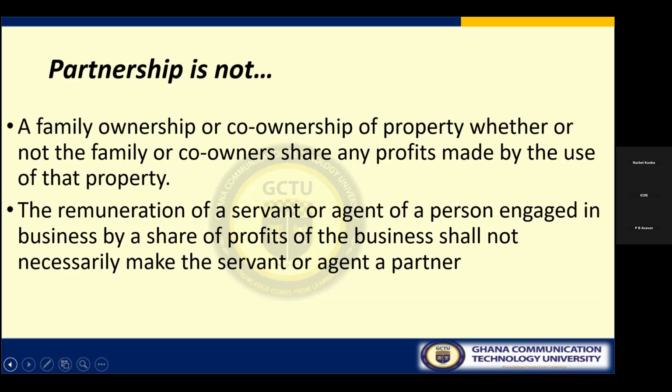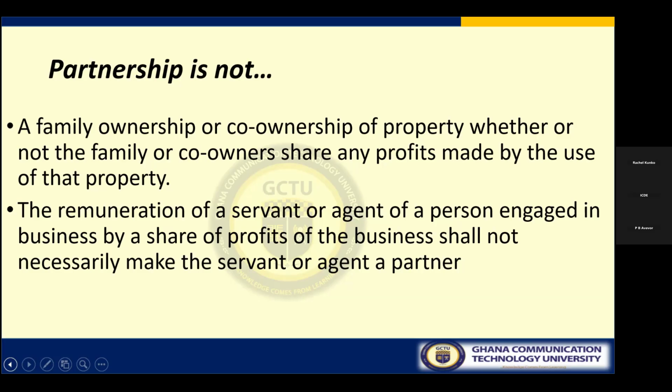The same thing applies to husband and a wife. Husband and a wife cannot form a partnership business because they are one. And family members too cannot come together and say they are forming a partnership business. But family A and family B can form a partnership business, that one is allowed.